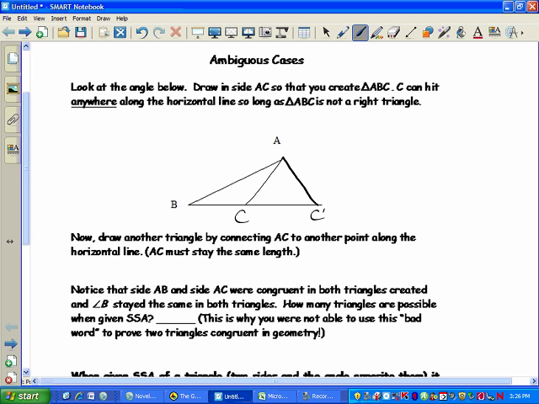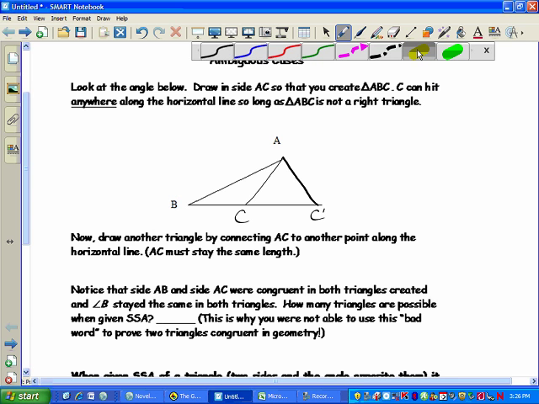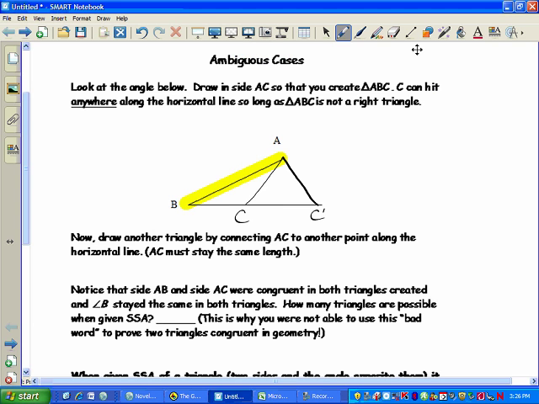So now, watch real quick. I have just made, do you agree that AB is the same in both triangles? Do you agree that angle B is the same in both triangles? And do you agree that AC is the same length as AC in both triangles?